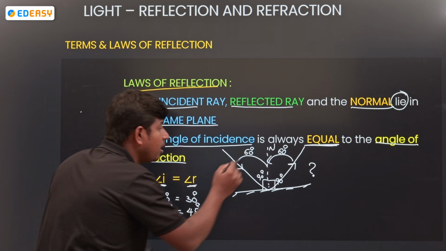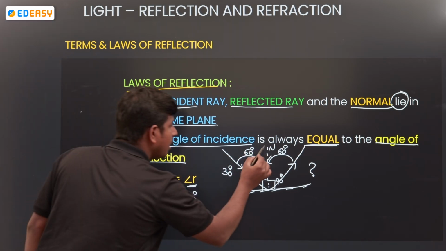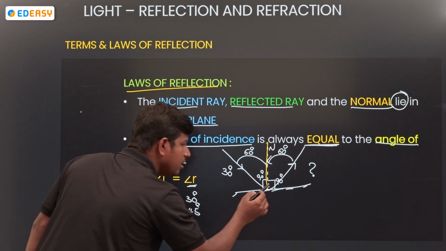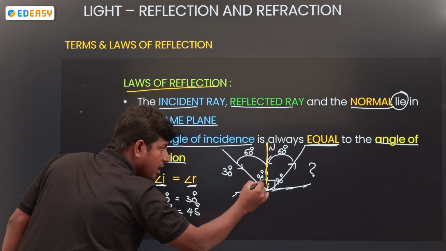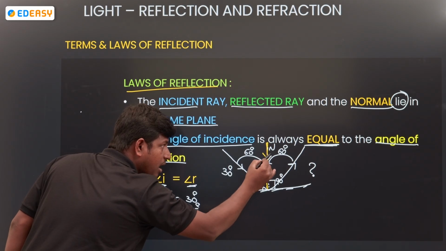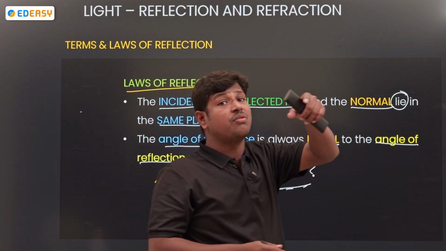For suppose, a light ray travels along the direction of the normal. Follow here. If a light ray travels along the direction of the normal, what is the angle of incidence? Many students are confused here.